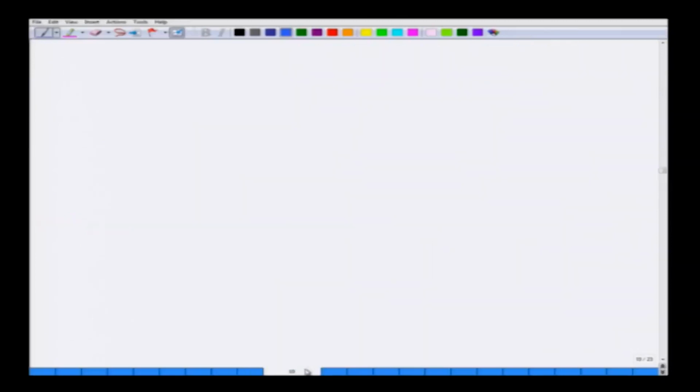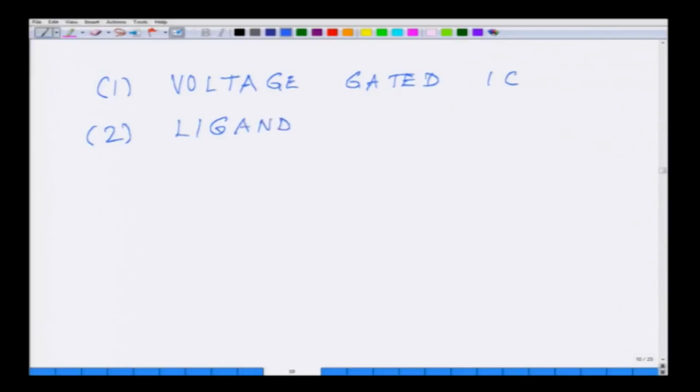So, if you see the different diversities we are talking about: voltage gated ion channels, that is 1. Then you have ligand gated ion channels, 2. Then you have neurotransmitters, 3.